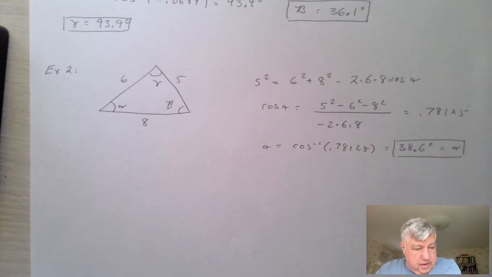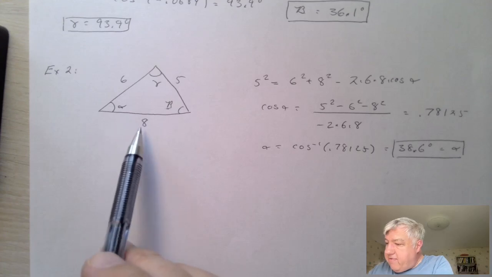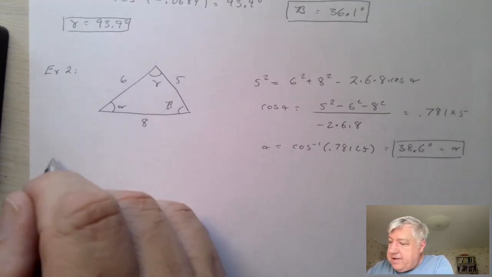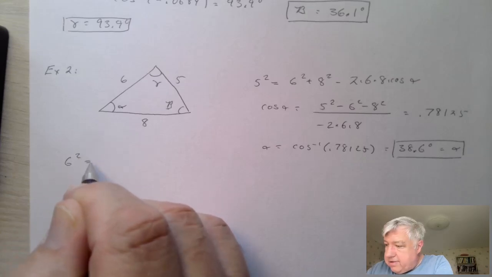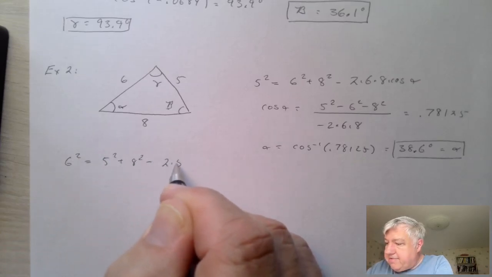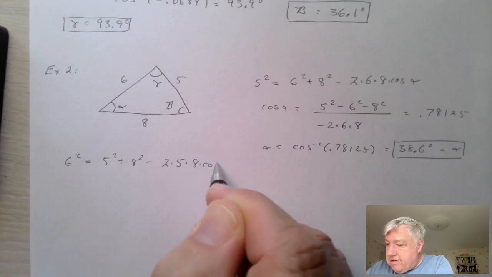You can do the same thing for beta. The side opposite beta has length 6, so we get 6 squared is equal to 5 squared plus 8 squared minus 2 times 5 times 8 times the cosine of beta.